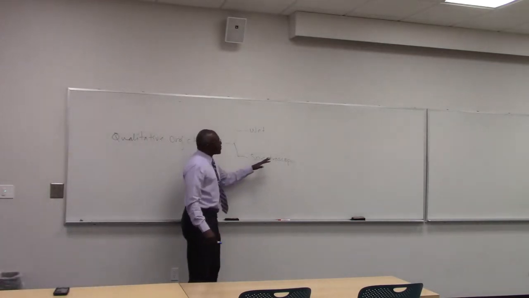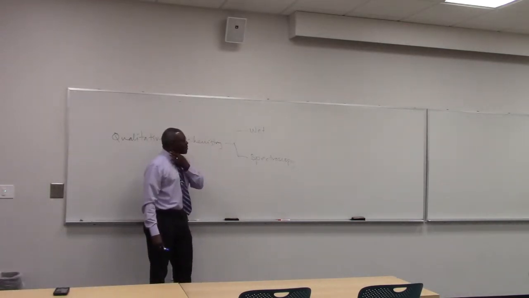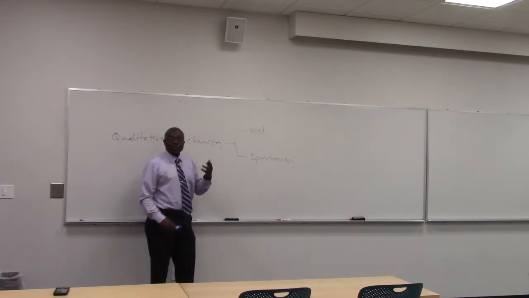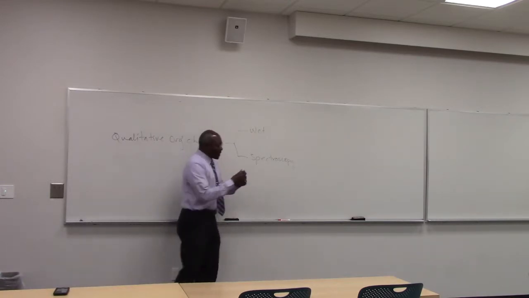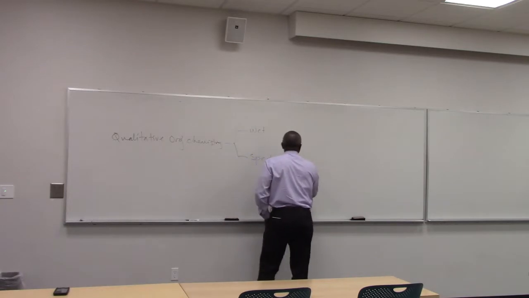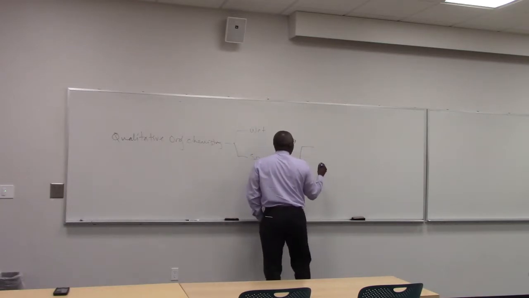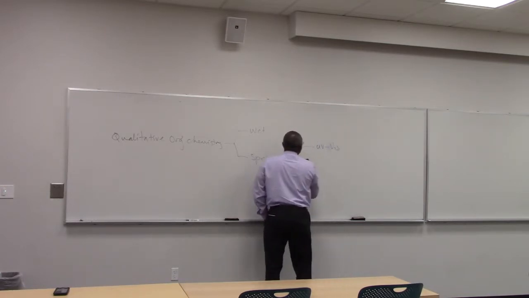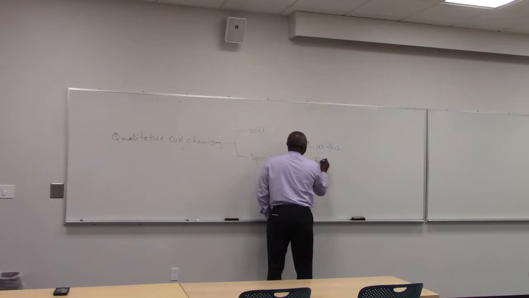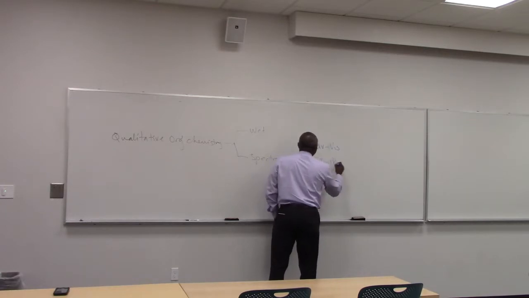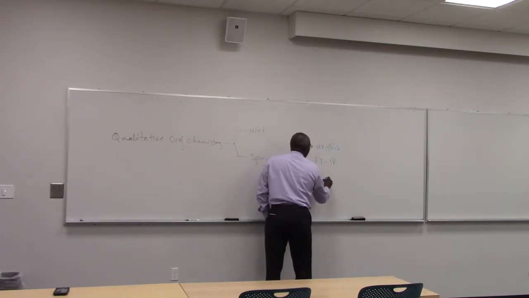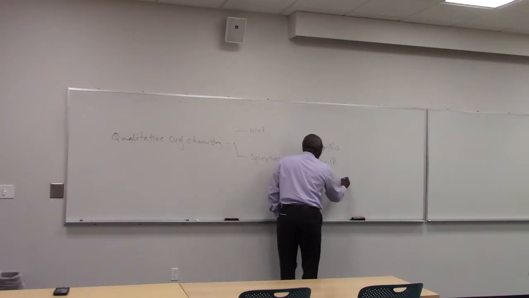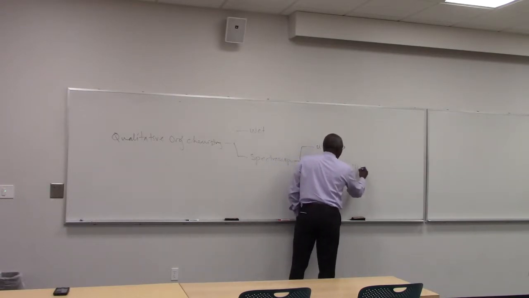the second aspect of quantitative organic chemistry deals with spectroscopy. We're going to look at several different types of spectroscopy. We're going to look at UV visible spectroscopy, FT-IR, and NMR, and NMR is going to be both proton and C13.